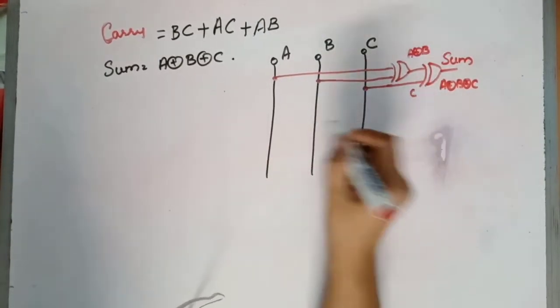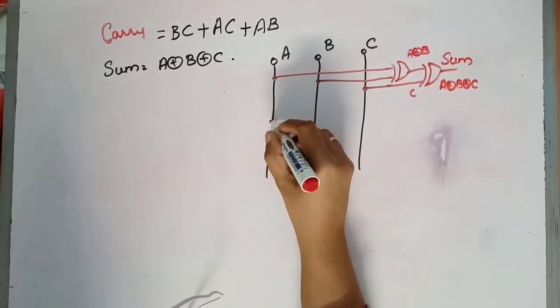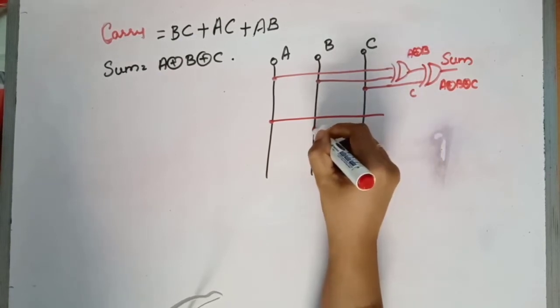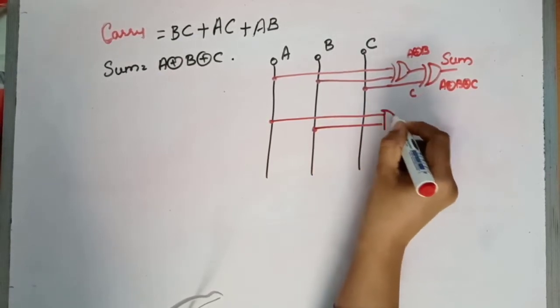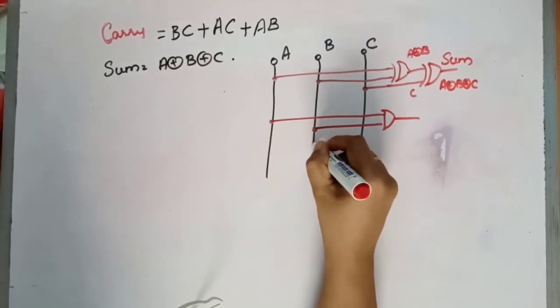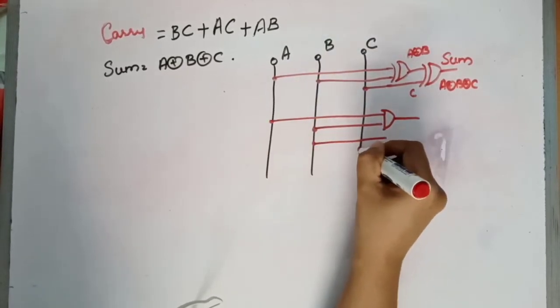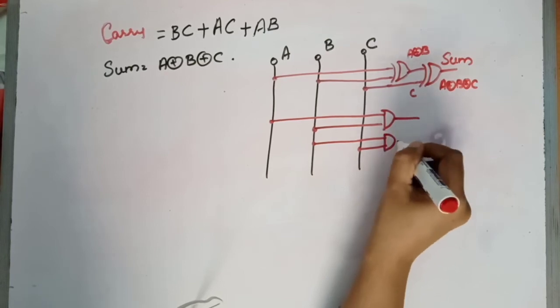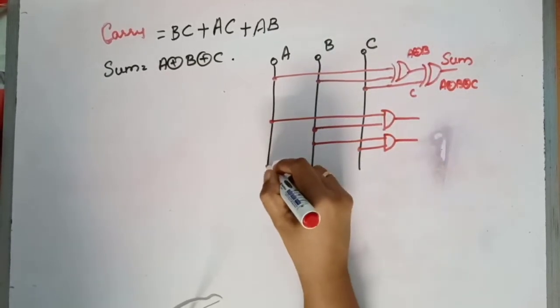Carry will be AB plus BC, you can take it anyways, plus AC.